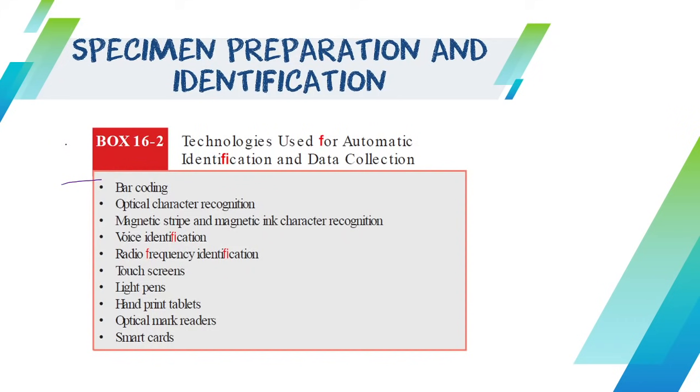Now, if you can still recall during your PMLS2, one of the biggest problems was specimen identification. That is why there is proper labeling and such. And actually, of all the steps, this is one of the more difficult to automate. But there are many ways, and these are just some examples.